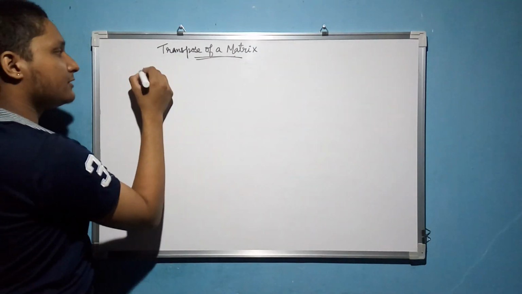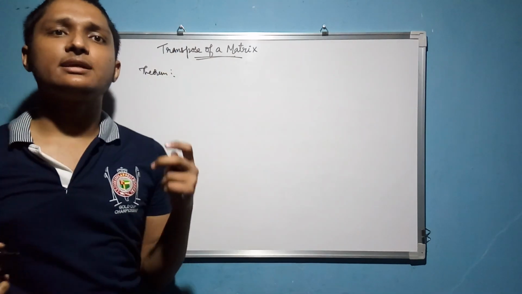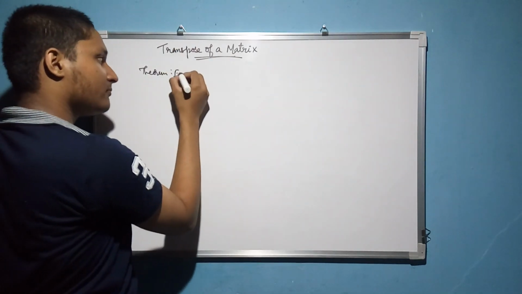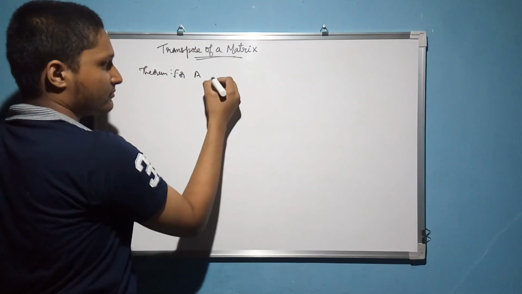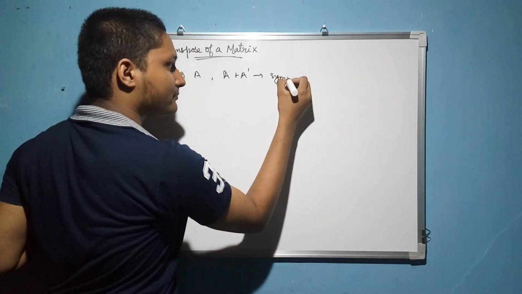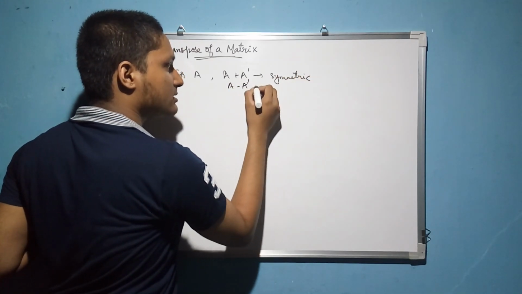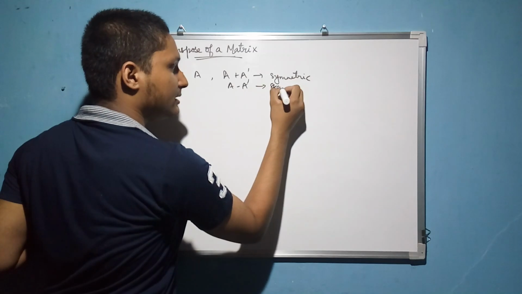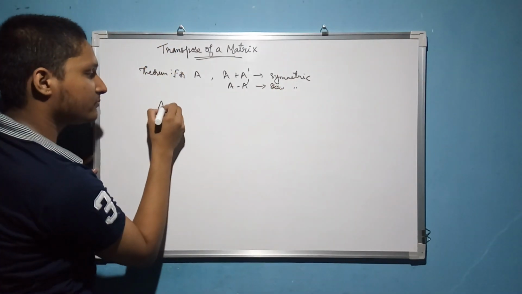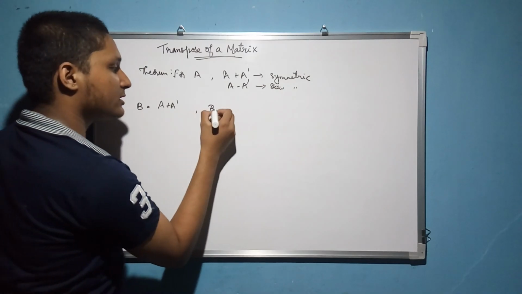Now we have our theorem. The theorem states that for every matrix A, A plus A transpose is symmetric and A minus A transpose is skew symmetric. I will just prove that. If you consider B is equal to A plus A transpose, then what is B transpose?